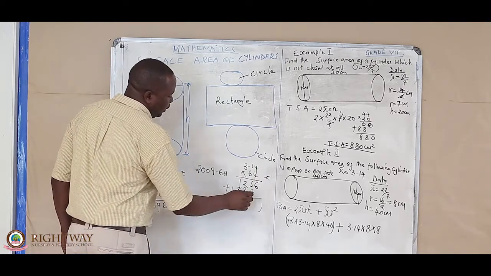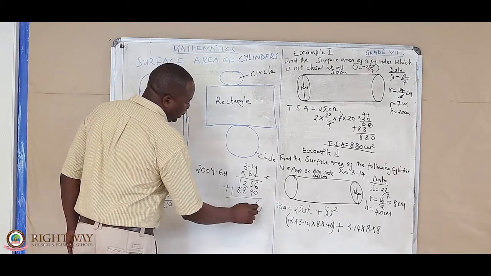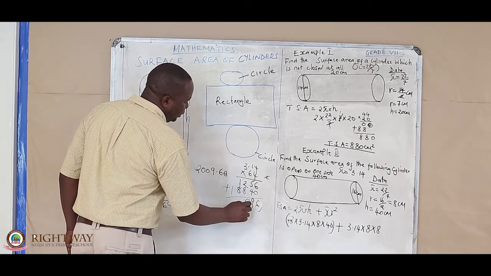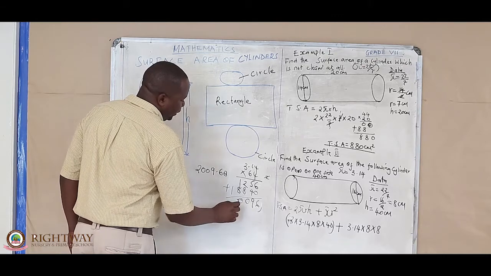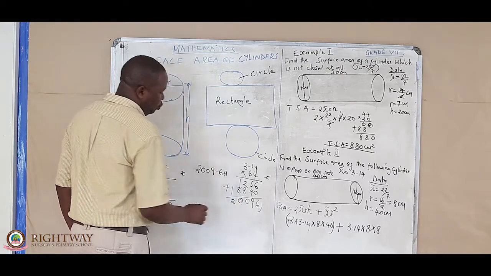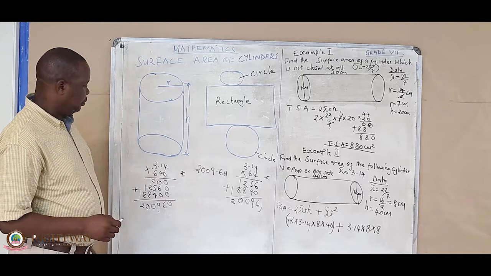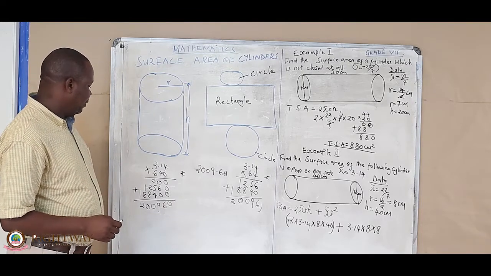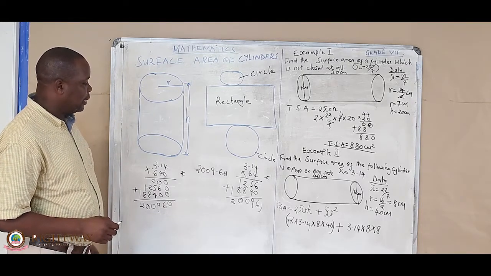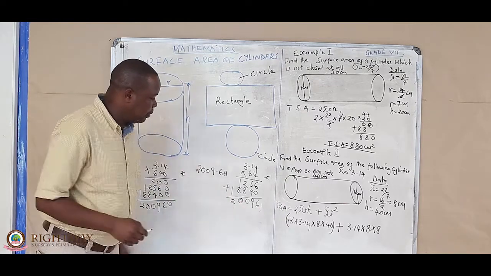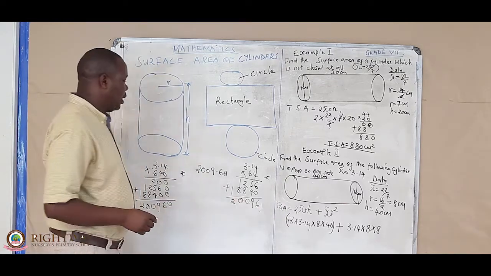Add them together, you get 6, 9, 10, 10, 2. But remember, this one has 2 decimal places, so the decimal counts there.